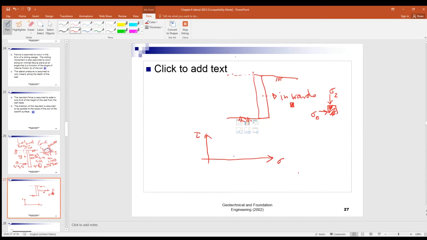Now, the original stress, sigma naught here, and that is the sigma Z. Now, if you draw a small circle, that is the original state, before the excavation or before the wall is moving in, right? So you have a very small Mohr circle.